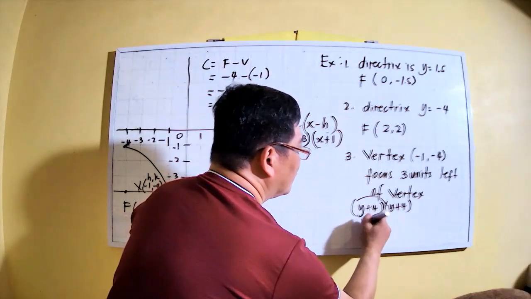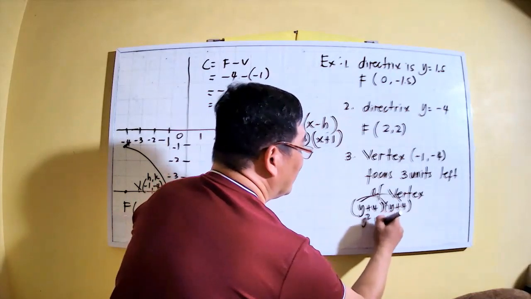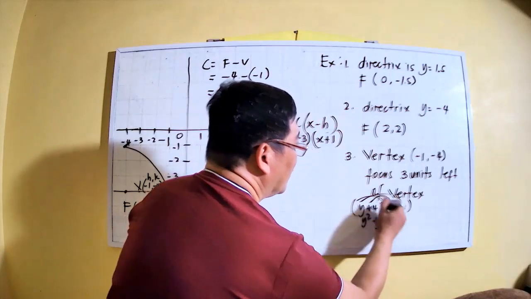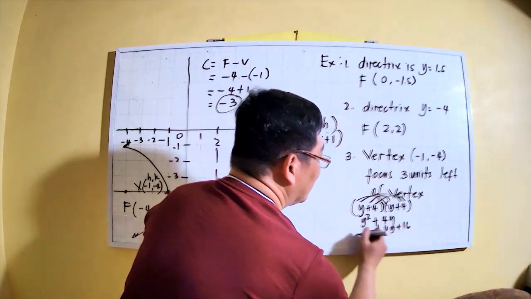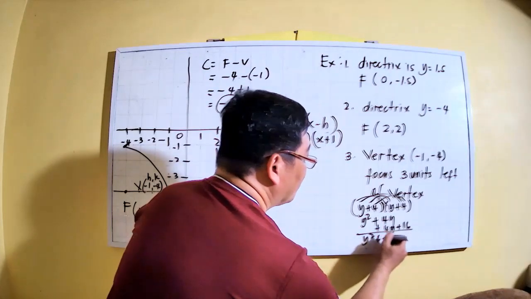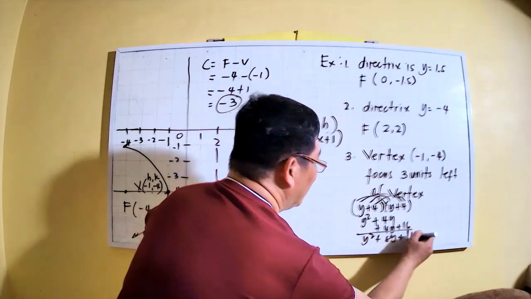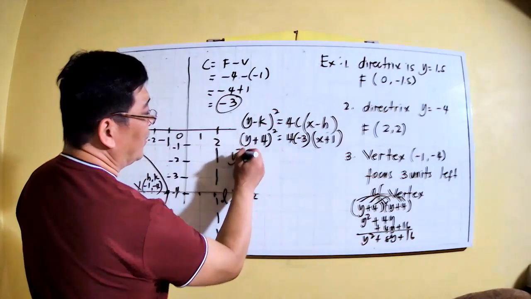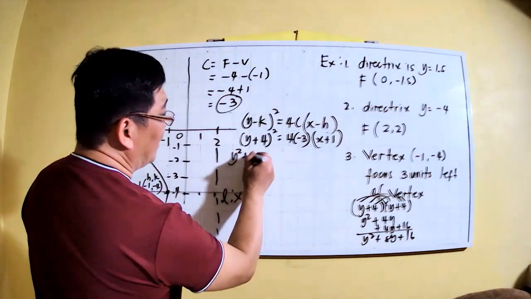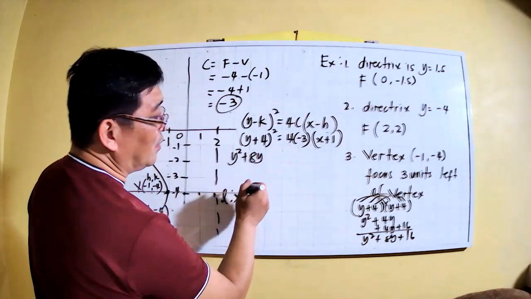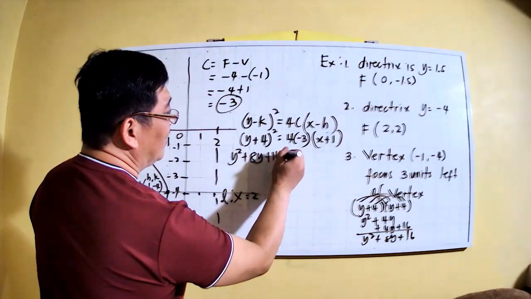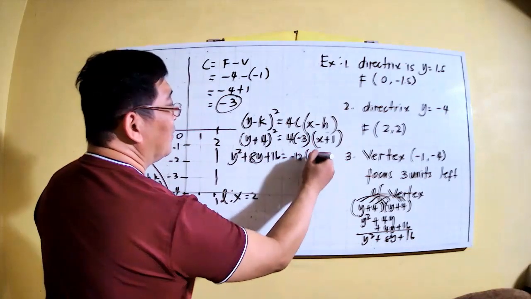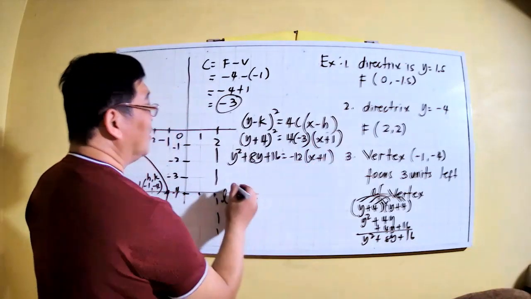y square, 4y, another 4y plus 4y, and then 4 times 4 is equals to 16, and then we add y square plus 8y plus 16. So we have here y square plus 8y plus 16 is equals to 4 times 3 is negative 12 times x plus 1.